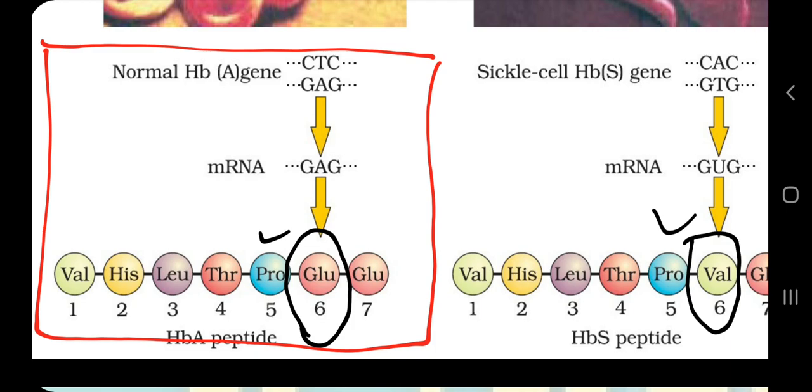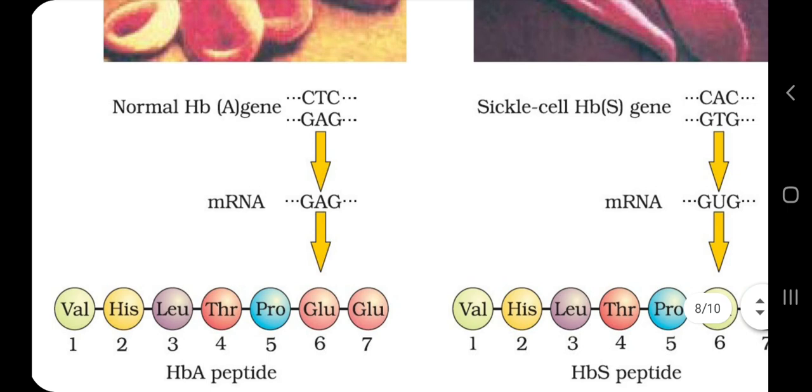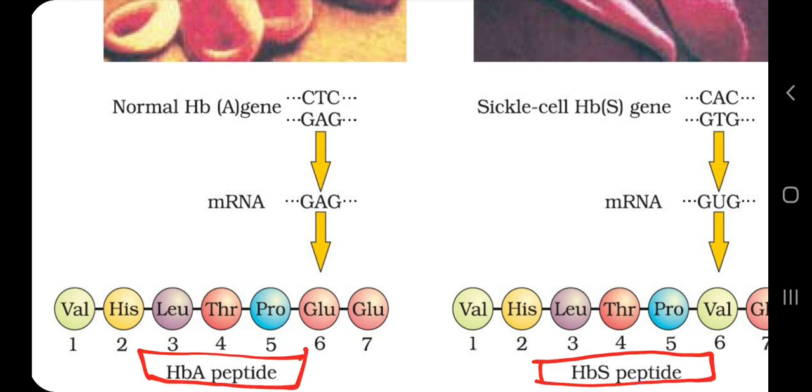The amino acid which was on the 6th position in the normal hemoglobin gene, we call HbA peptide, and if it becomes abnormal, we call this HbS. S means sickle cell anemia. So in HbS hemoglobin there is only one change.